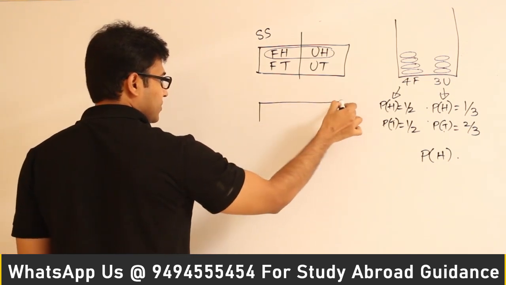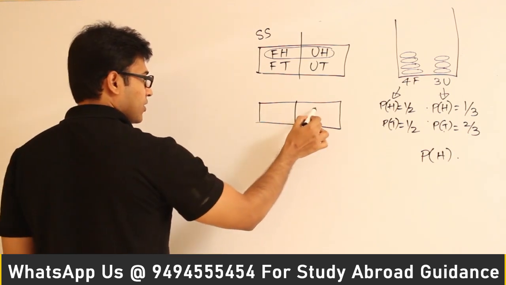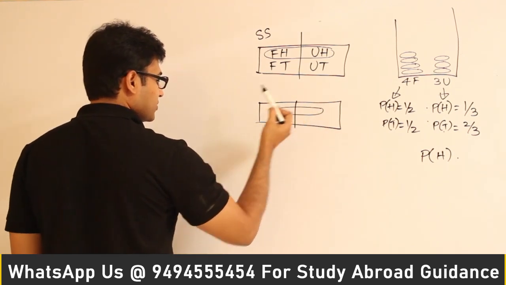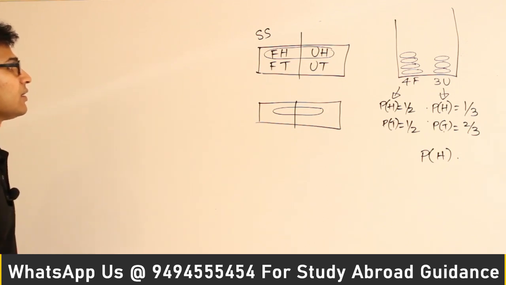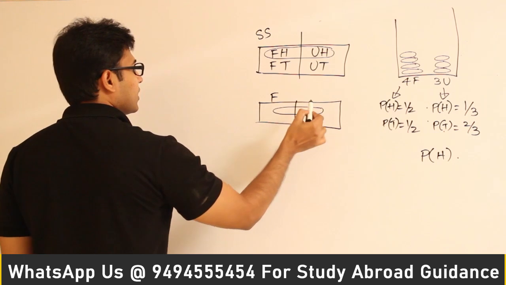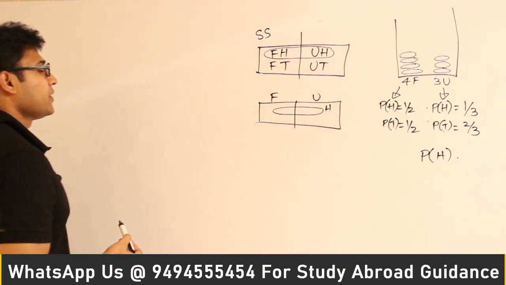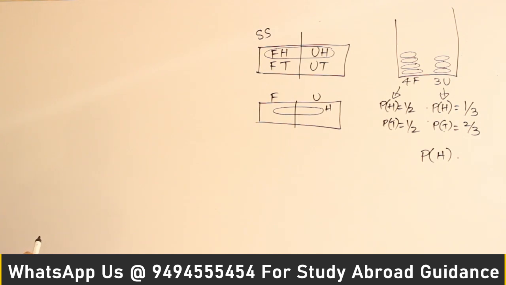Therefore now the sample space is divided into 2 mutually exclusive events, and our required event is actually spread across these 2 events. Alright, so this is the fair and this is unfair, and this is the probability of getting a head. Now you can apply the total probability theorem.